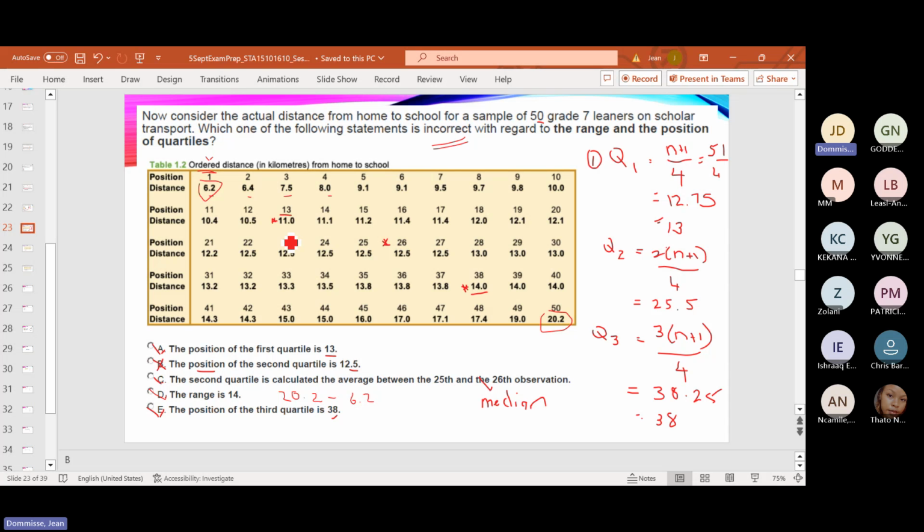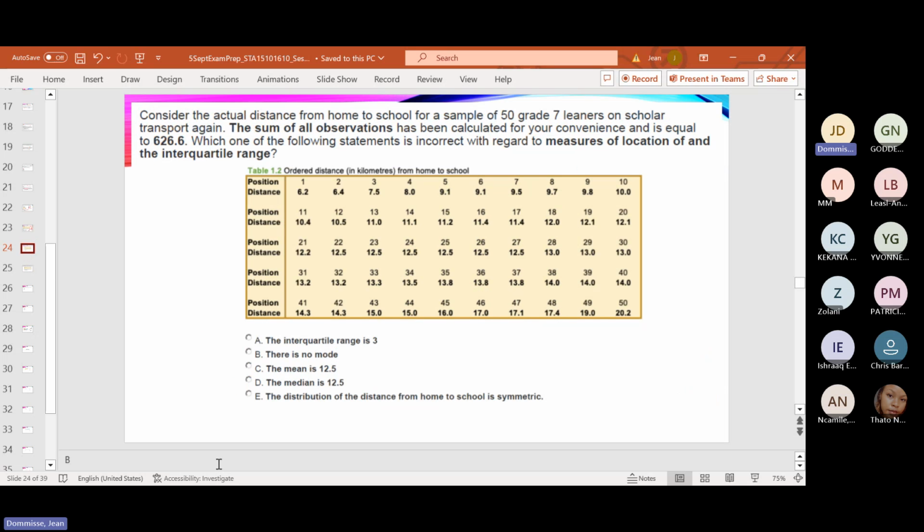It will be the same type of question where they might just change some of the values and the positions so that you pick a different answer. It will not suddenly be a totally different question.